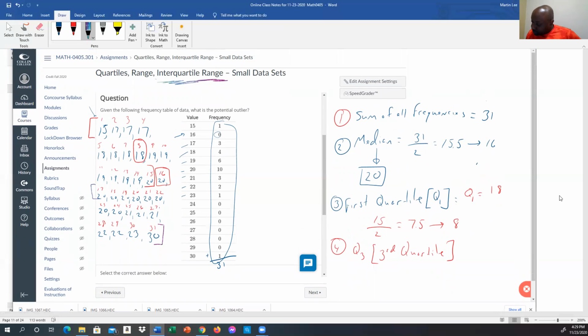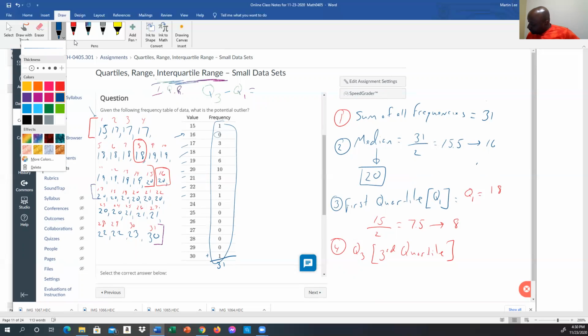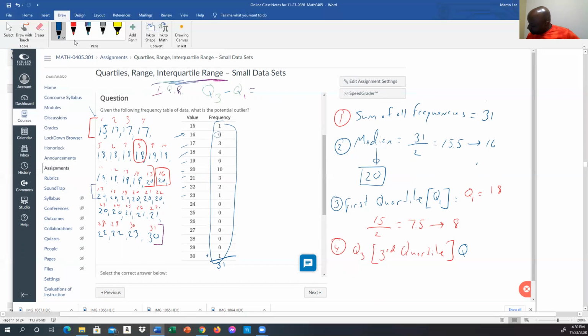My interquartile range, or IQR, is just Q3 minus Q1. So we know that, hold up, I have to identify what Q3 is.